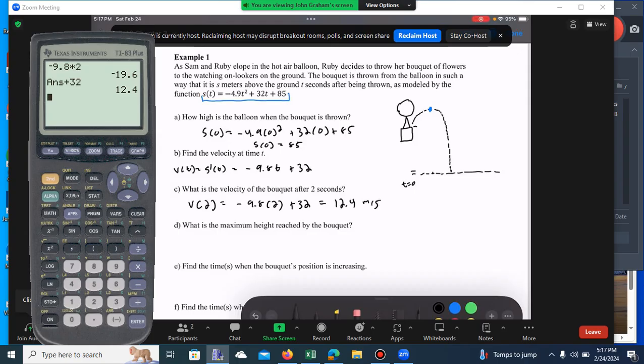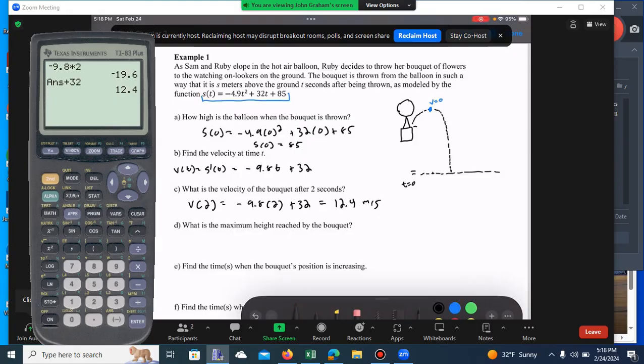Now we want to know the maximum height reached. At that maximum height, your velocity goes to 0. So we can find it by setting our velocity function equal to 0.